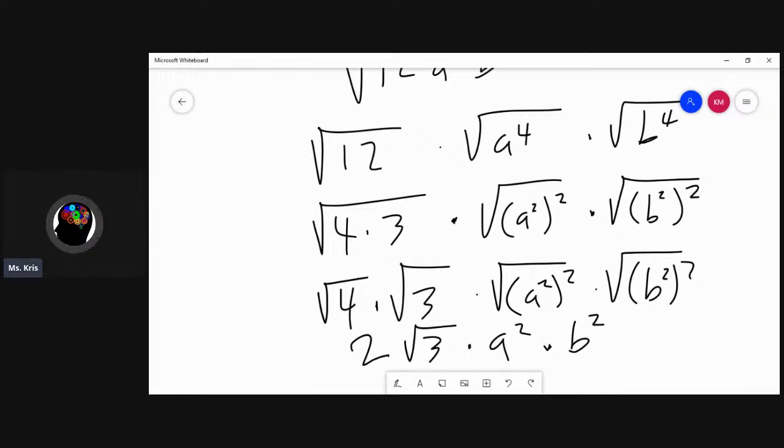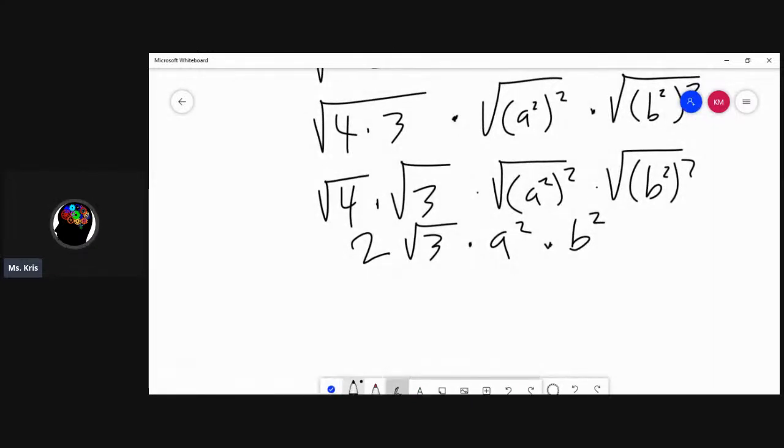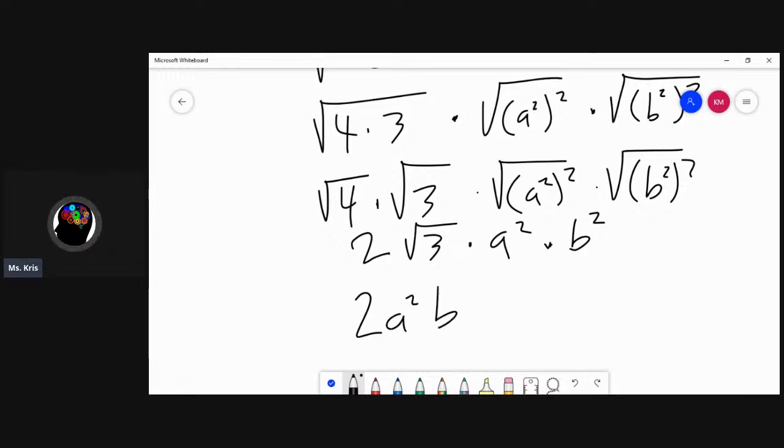Once you take the square root, and if I write my answer in order, it's 2A squared, B squared, square root of 3. If you notice, the radical always goes on the end. You want to make sure that your radical sign is always going on the end.